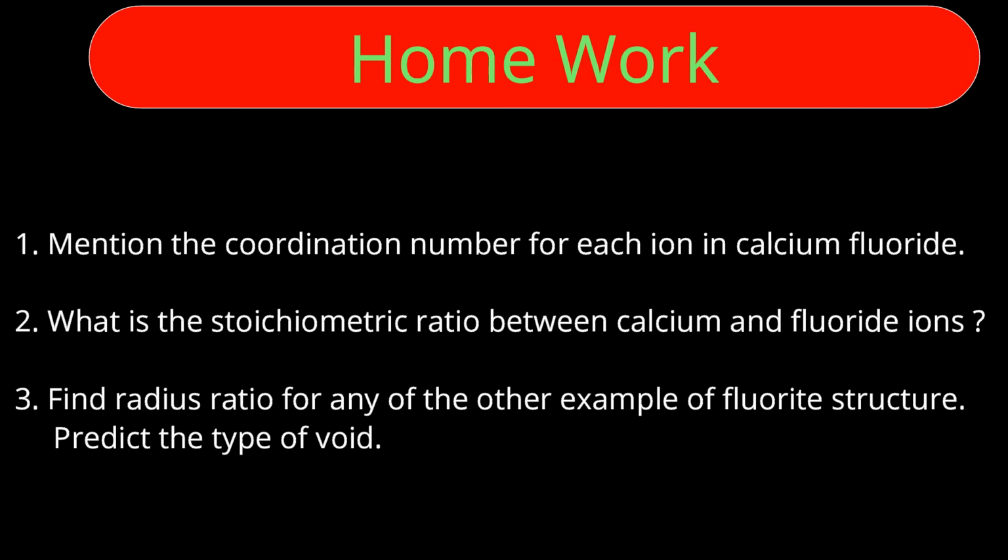I already gave the answer, but you have to mention it in the comment box. Third question: I gave different examples of fluorite structure other than calcium fluoride. Take any one example, find the radius ratio for that crystal and predict the type of void present.